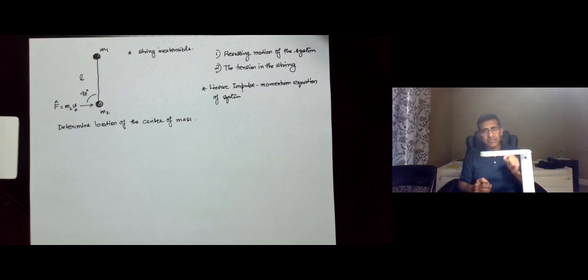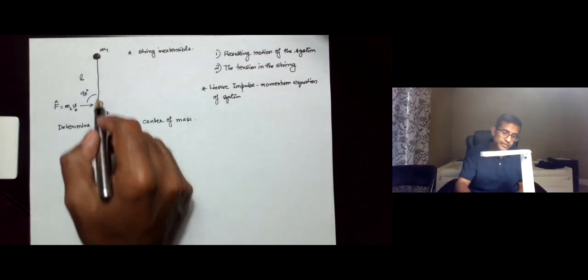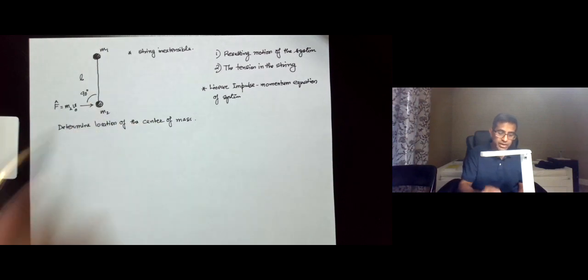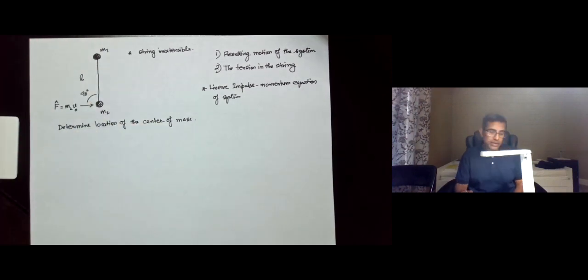So the string is completely taut, taking the entire length. The distance between M1 and M2 is the length of the string, and the direction of the string is perpendicular to the direction at which this impulse is given.